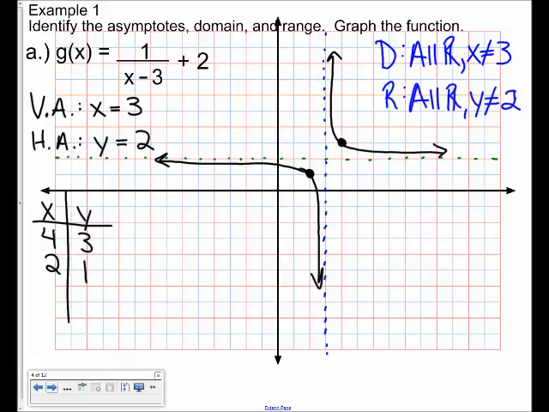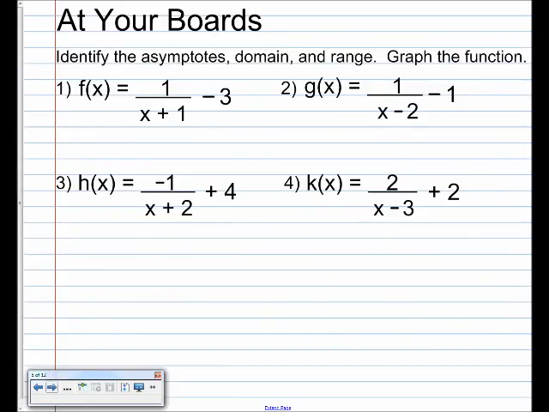All right, so let's look at these 4 real quick. 1 and 2 should be just like the example. Do you see what's in the numerator? 1, so that's great. What do you notice about 3 and 4? -1 and 2. So something's going to happen here that's going to be interesting. We'll talk about that before you leave. And then notice here, it's not even the number 1. So when I'm doing my what values make my denominator 1 or -1, I'm actually going to do 2 more.